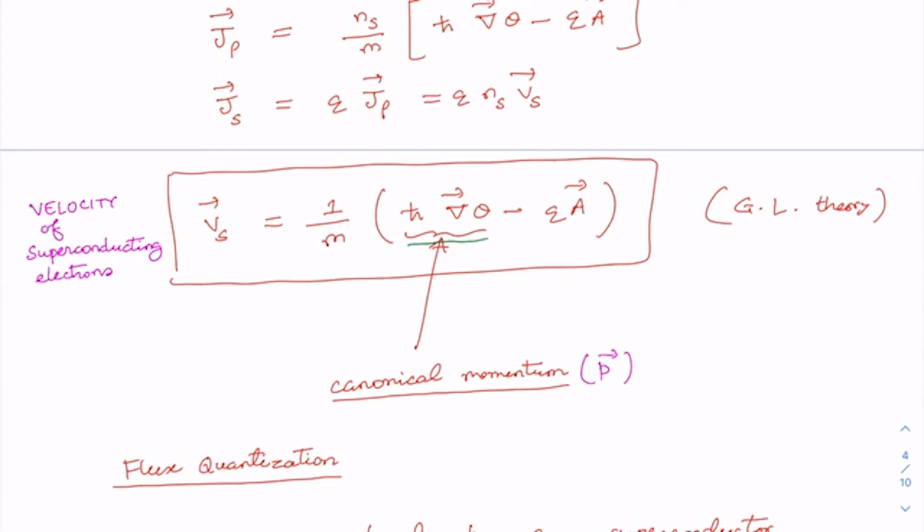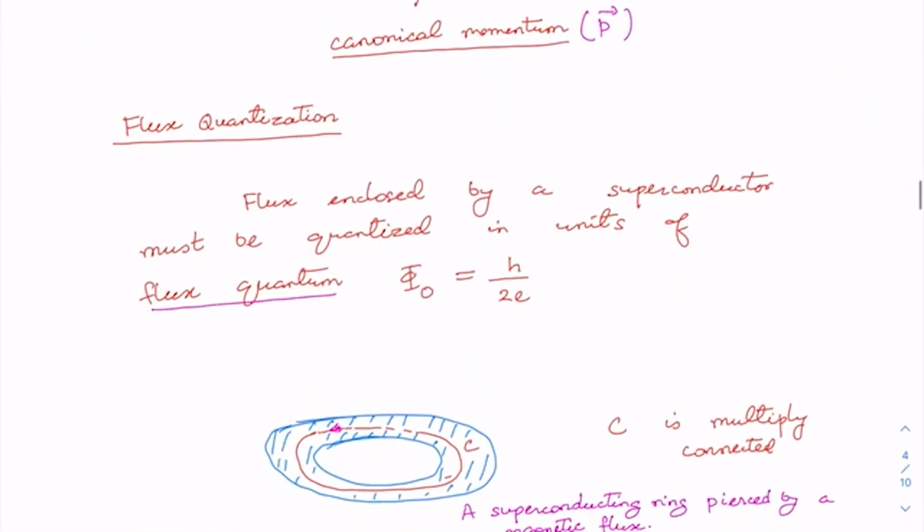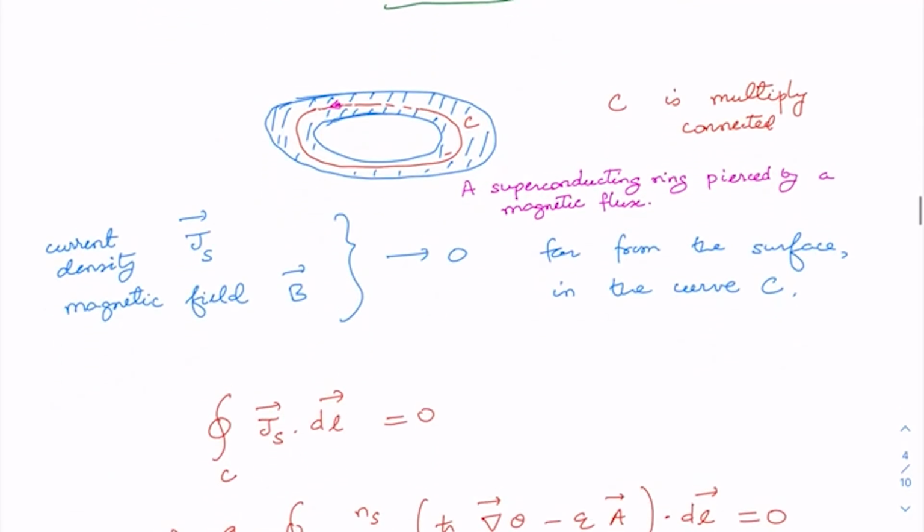Then we went on to do the flux quantization and showed that the flux enclosed by a superconductor must be quantized in units of the flux quantum, phi 0 equal to h by 2e, which we proved. To prove that, we took a superconducting ring pierced by magnetic flux, and we took a contour there, a curve in a multiply connected region, far from the surface.